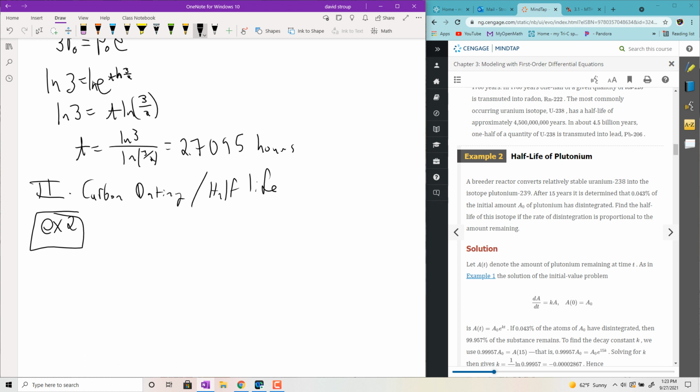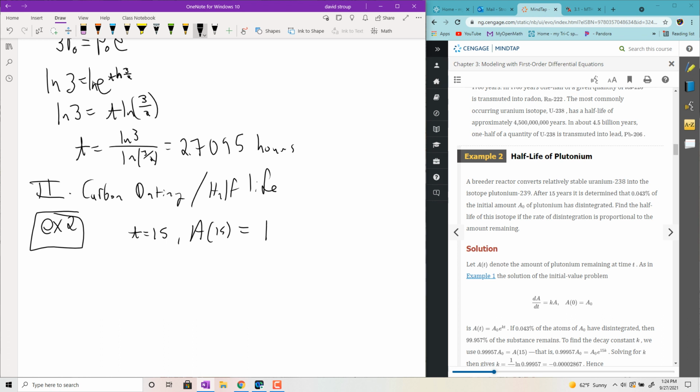Okay, so they give you some information. When t is equal to 15, the amount of plutonium, 0.043% has disintegrated. Okay, so not much of it is gone.